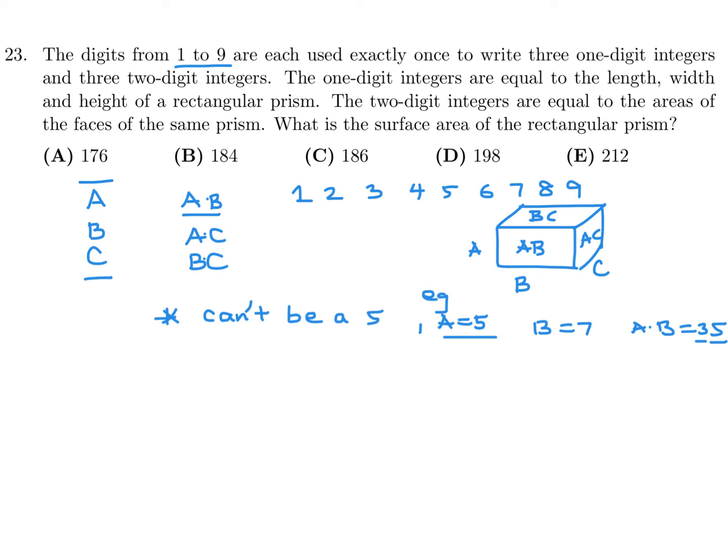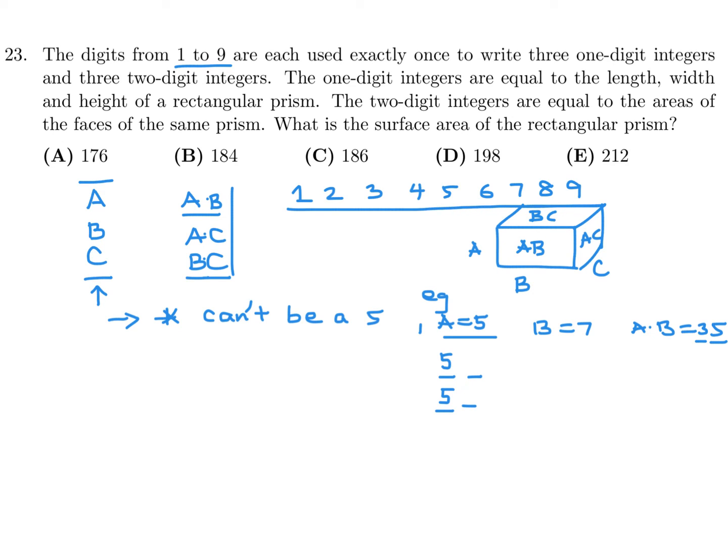Okay, so move on. Now the 5 has to go somewhere. It can't be one of these guys here, so it obviously has to end up in one of these numbers. One of these has to have a 5 as its 10s digit. It's impossible to have it as a 1's digit for this reason here.